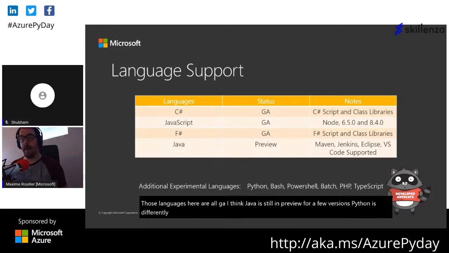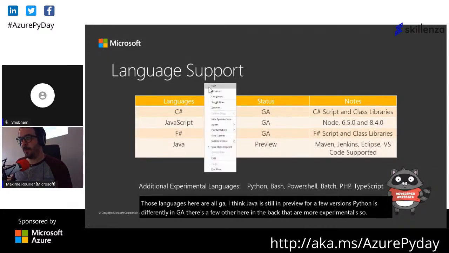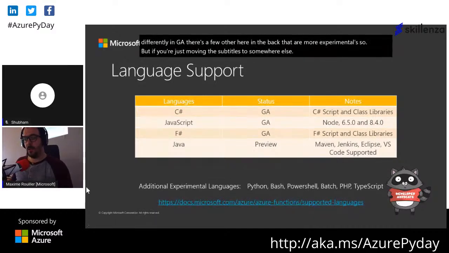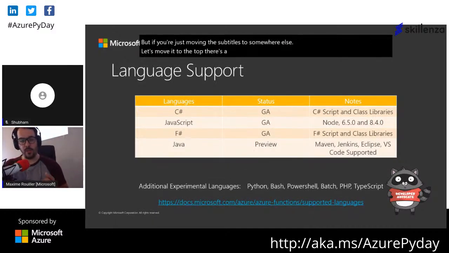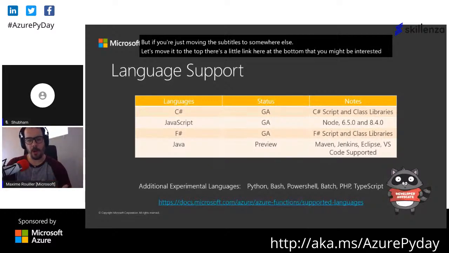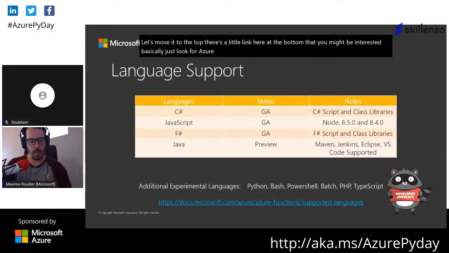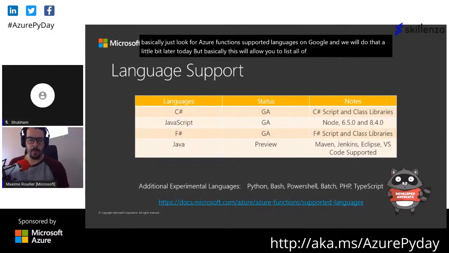There's a few others here in the back that are more experimental. There's a little link here at the bottom that you might be interested in. Basically, just look for Azure Functions supported languages on Google, and we will do that a little bit later today. But basically, this will allow you to list all the different languages that we support.